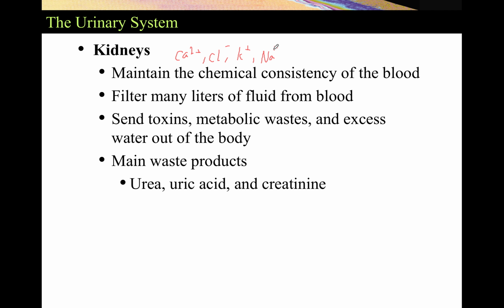These are the main ions that you can basically balance. If you have too much of them, or if you need to store those extra ions, then your urinary system can reabsorb them and return them back to your blood for use by your cells.